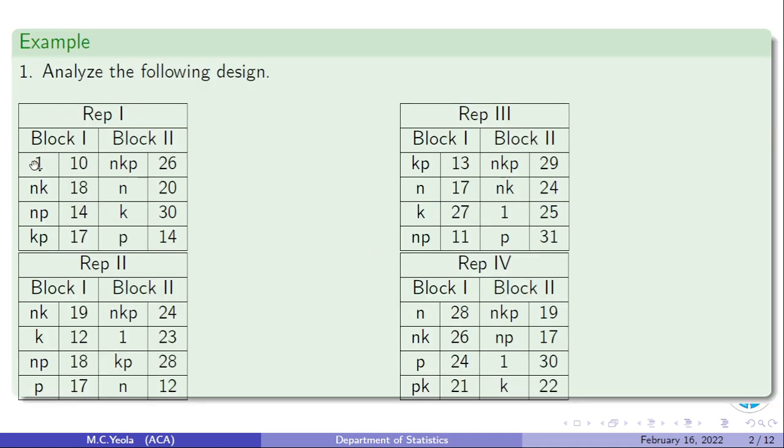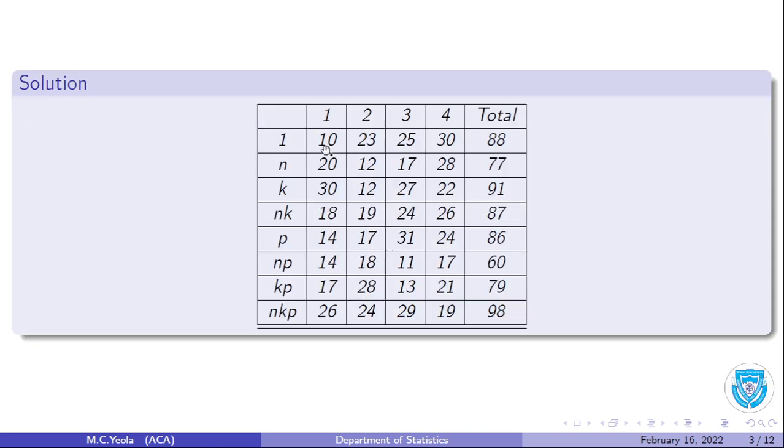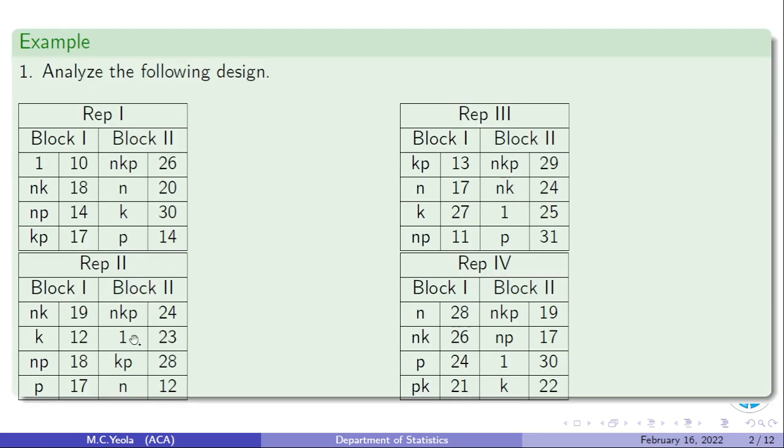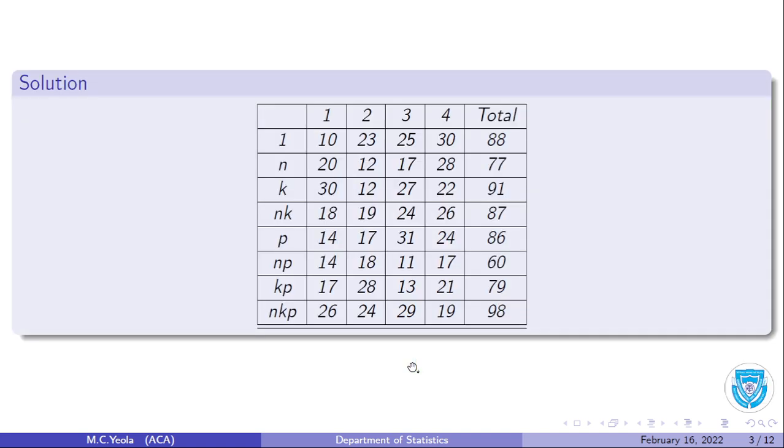In replication 1, 1 takes the value 10, so that value we have taken here. From replication 2, 1 takes value 23, so that value we have taken over here, and likewise all these values we have taken for all the replications for 1 and for all the treatment combinations.